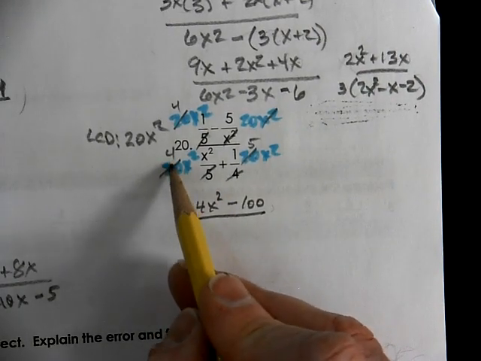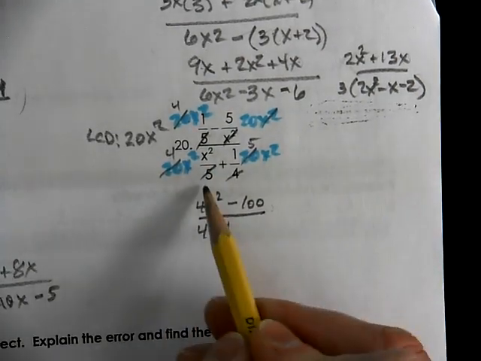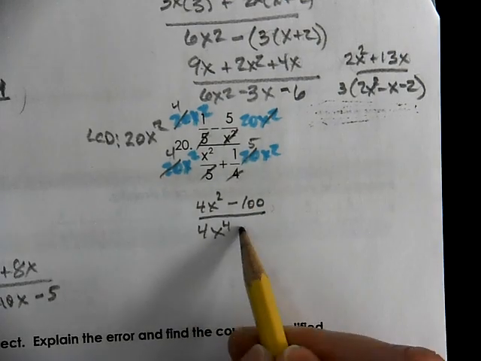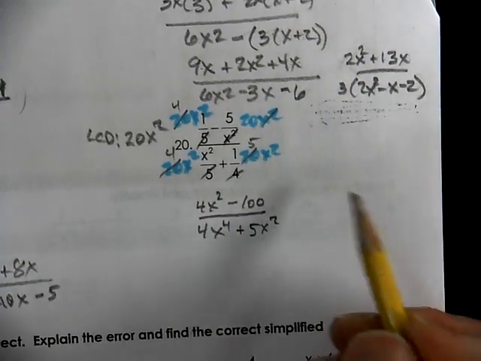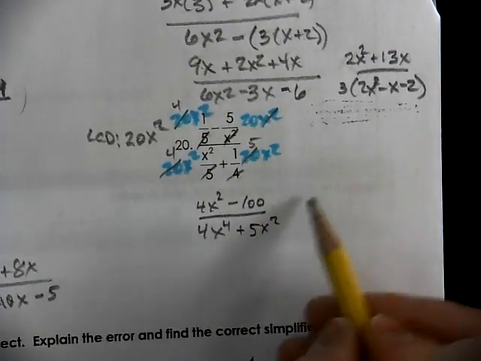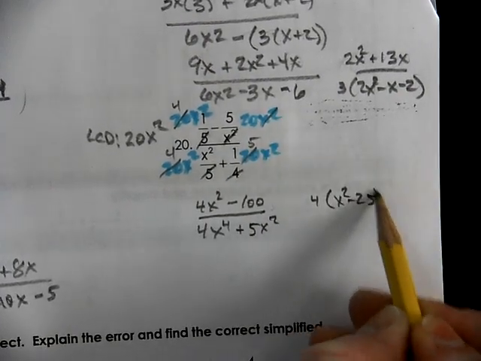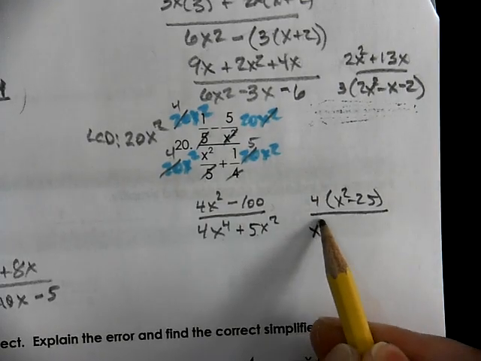Ooh, this is a weird one. This is 4x to the 4th. And a positive 5x squared. Looks like I can pull a 4 out of the top. I can pull an x squared out of the bottom.